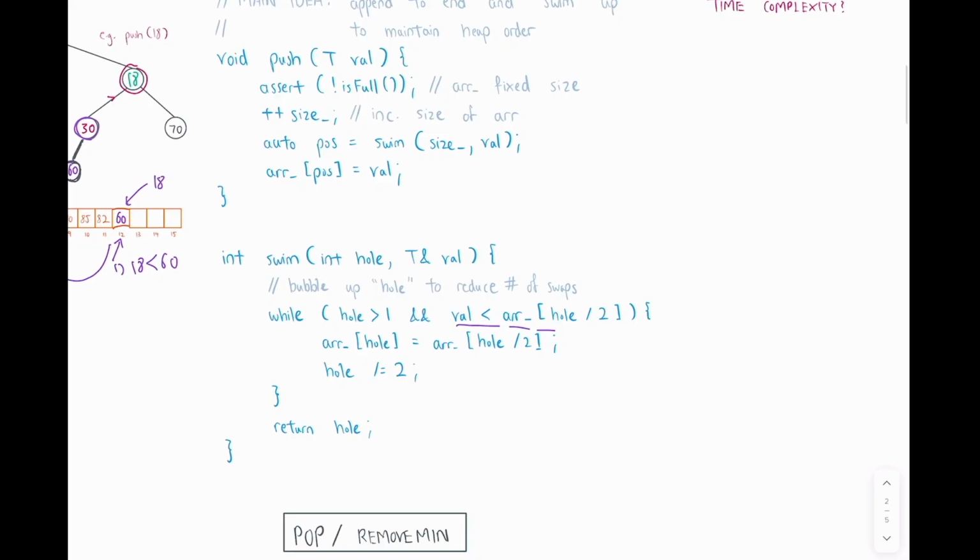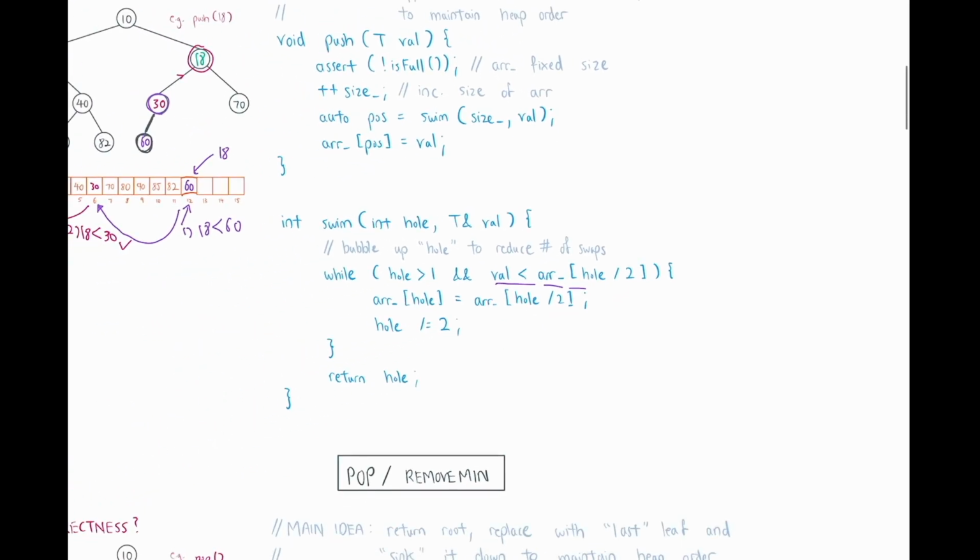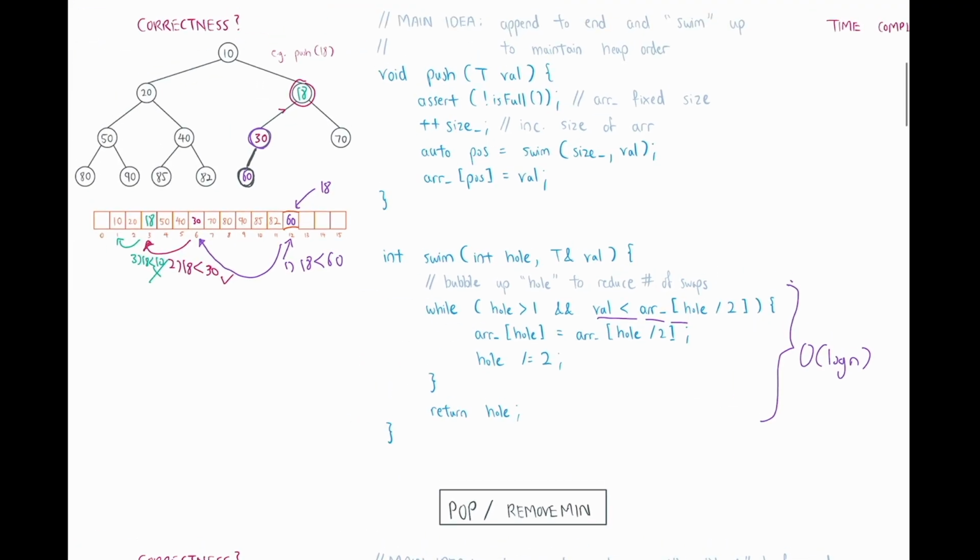In terms of complexity, we can first see that we just talked about the worst case now. This swim operation is in the big O of log n, because this is a complete tree, and it's always packed all the way to the left, so the height will be proportional to log n.